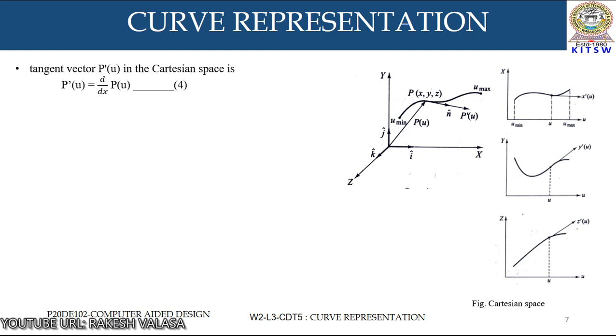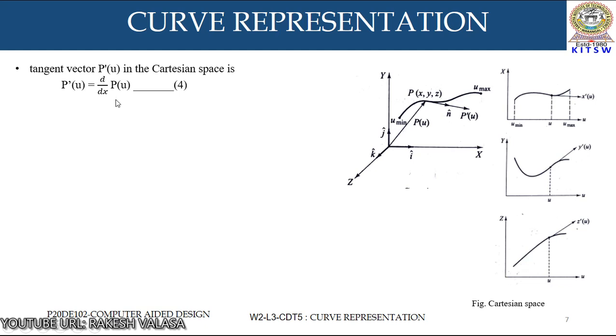That is P dash of u, the first derivative of the position vector P of u. It gives the tangent vector to this curve. P dash of u equal to d by du of P of u.